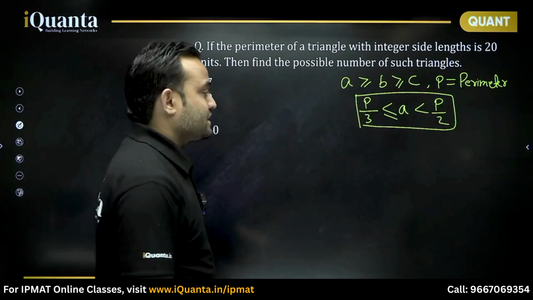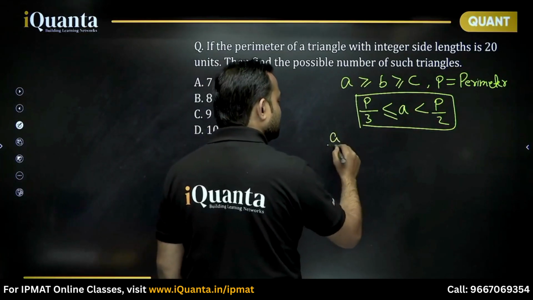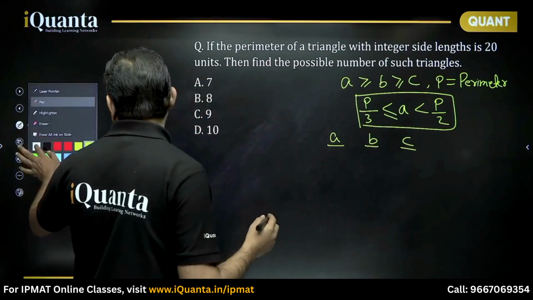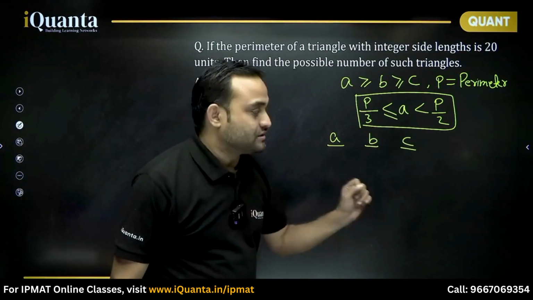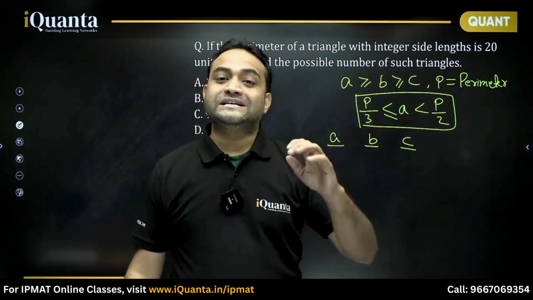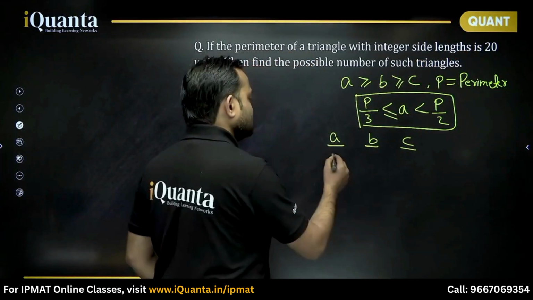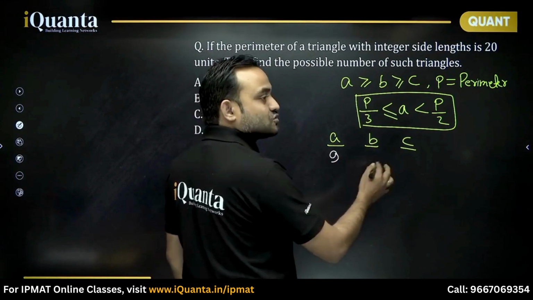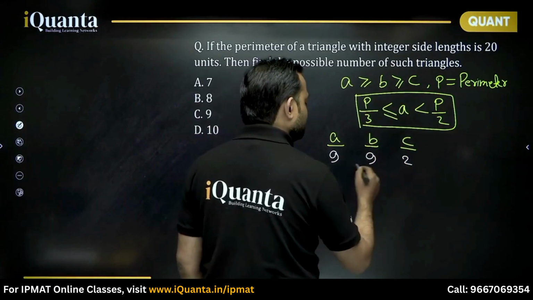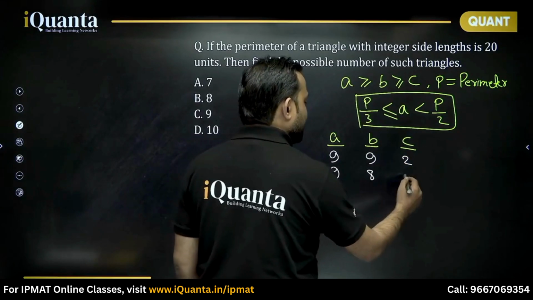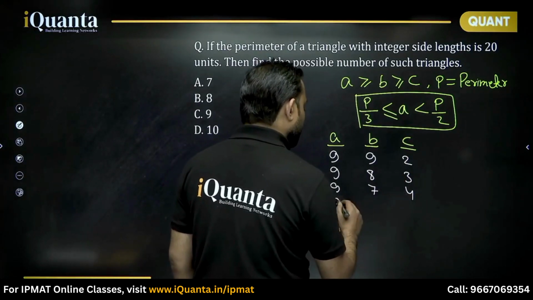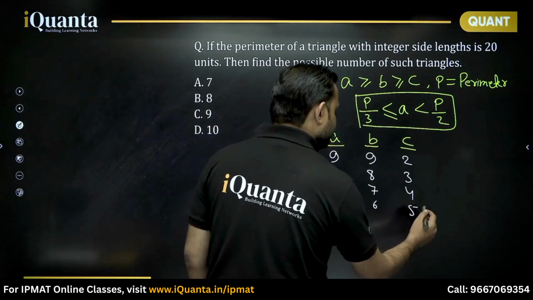Now if we talk about the side lengths A, B, C, let's see what possibilities are formed. The greatest value of any side length: the perimeter is 20, 20 by 2 is 10, so the greatest will be 9. If this is 9, the sum of the rest of the two sides must be 11. So we can go 9 and 2, then 9, 8 and 3, 9, 7 and 4, 9, 6 and 5.